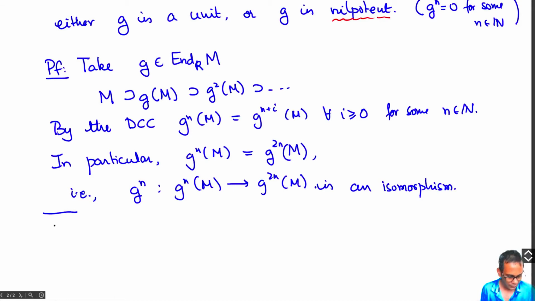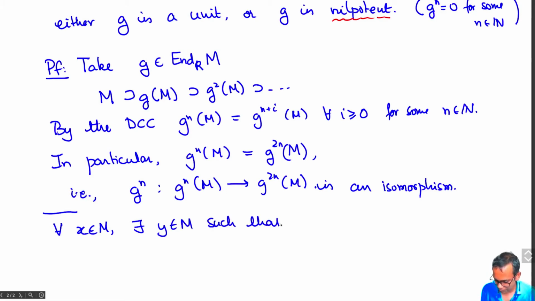So if x is in M, then there exists y in M such that g^n x is g^(2n) y, right? Just because g^n M is g^(2n) M.